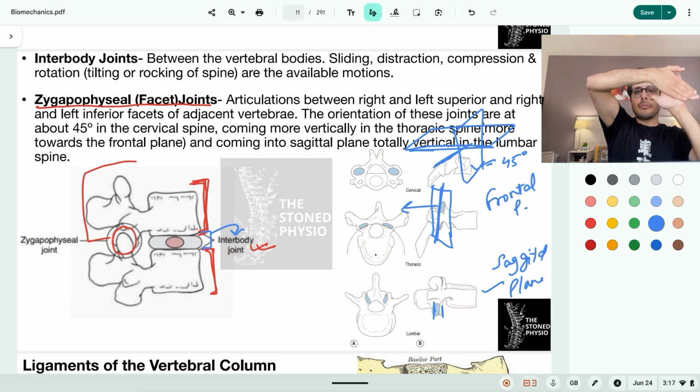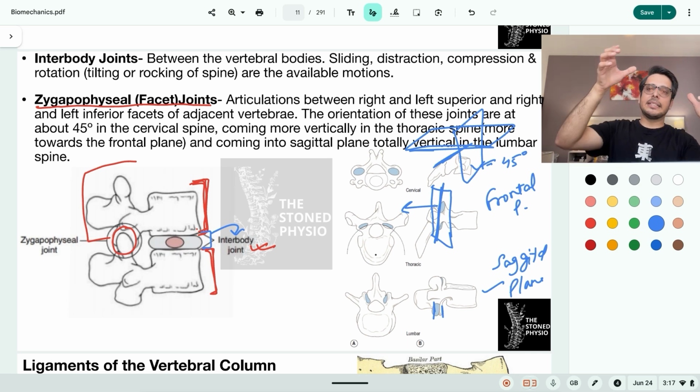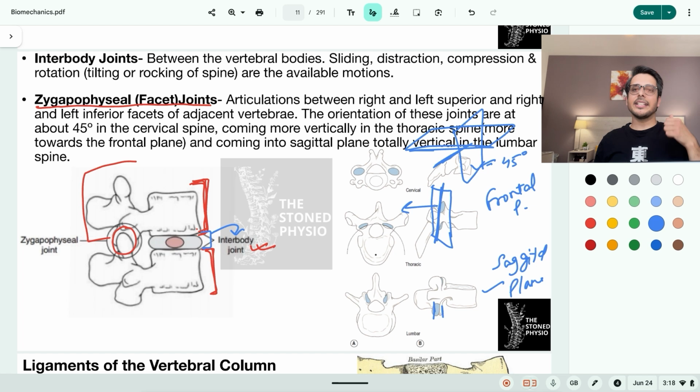So now the scope of mobility is like this in the thoracic spine. Hence, mostly we get to see side to side tilting in the thoracic region. We can say it's mostly side to side tilting as the predominant movement in the thoracic spine, and forward and backward tilting as the predominant movement in the lumbar spine.